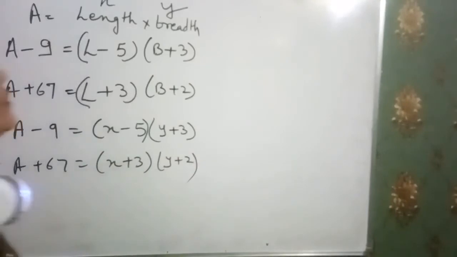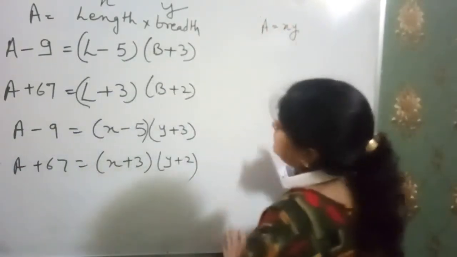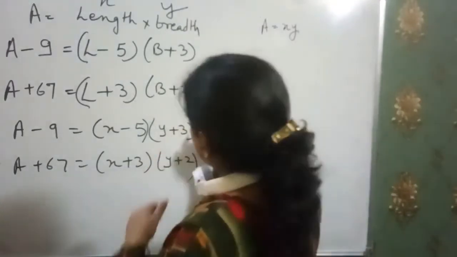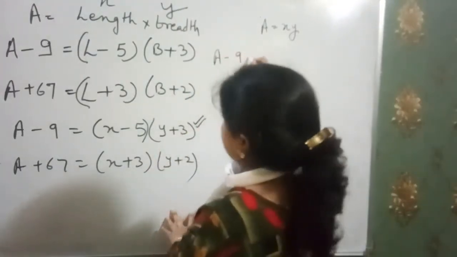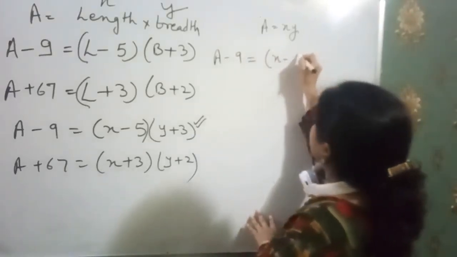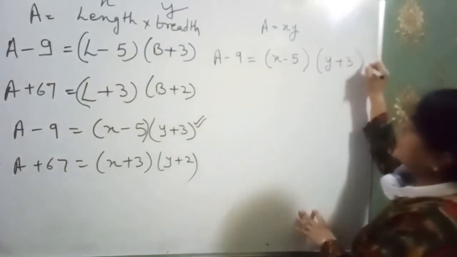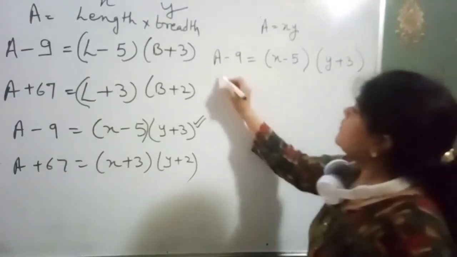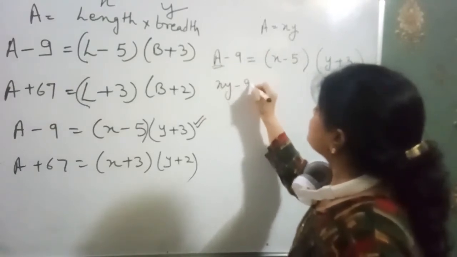Now one thing I want to clear is that area is equal to x into y. So just solve the first equation. a minus 9 is equal to x minus 5 and y plus 3. Clear? So in place of a we write x into y minus 9.